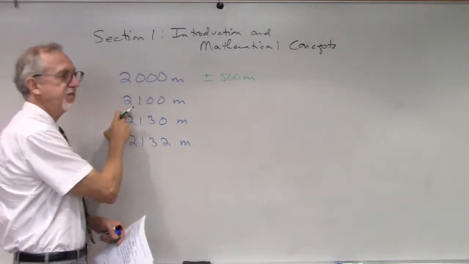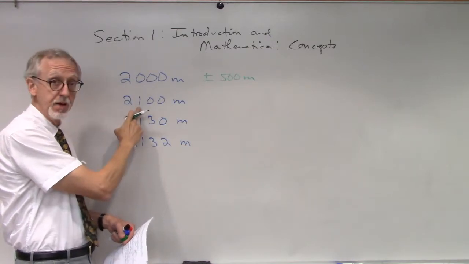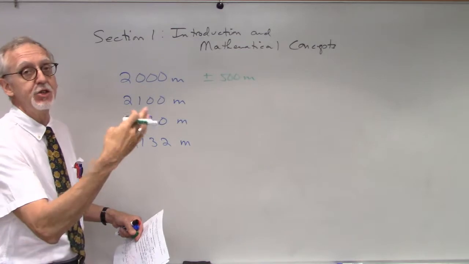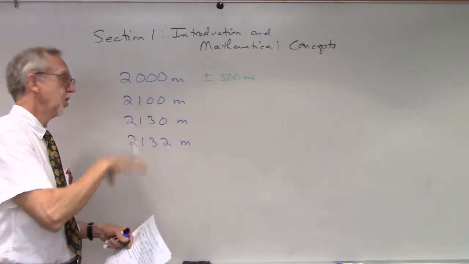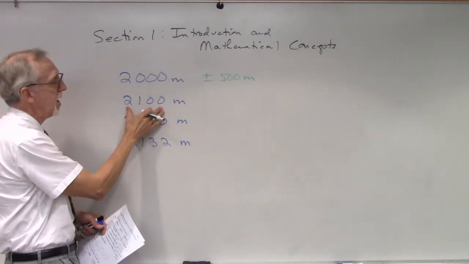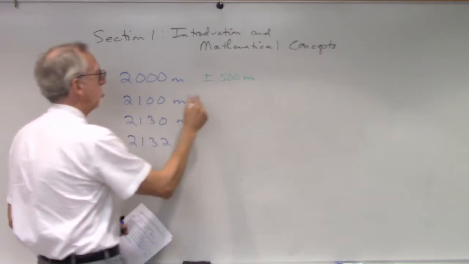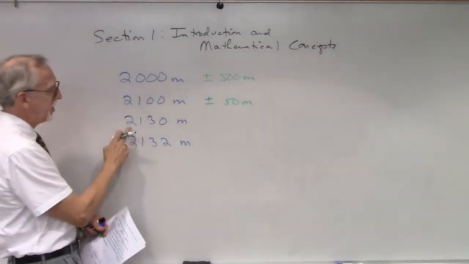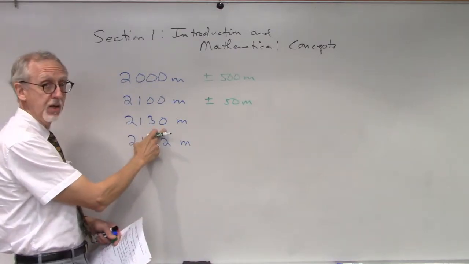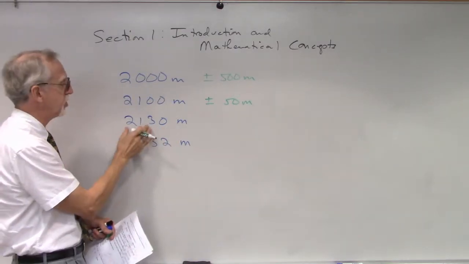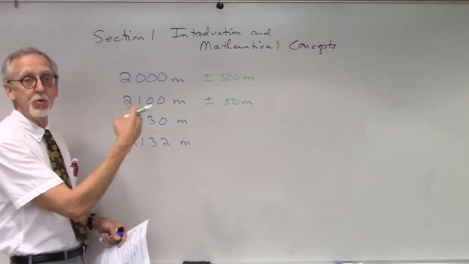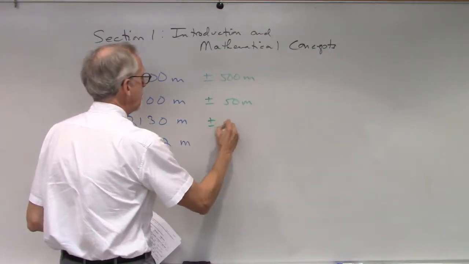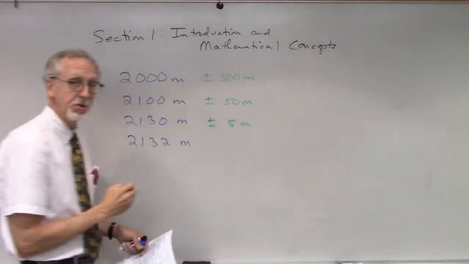While here, if we say 2,100, we mean something that's closer to 2,100 than it is to 2,200 or just 2,000. So we mean a number that's maybe within only 50 meters. If we say 2,130, we're talking about something that's closer to 2,130 than it is to 2,140 or 2,120. So we're saying maybe something within 5 meters.